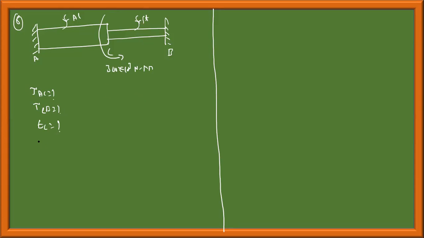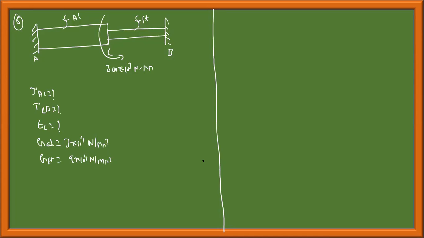Given rigidity modulus of aluminum is 3 into 10 power 4 Newton per mm square. Rigidity modulus of steel, G steel, is 9 into 10 power 4 Newton per mm square. This is the problem statement.